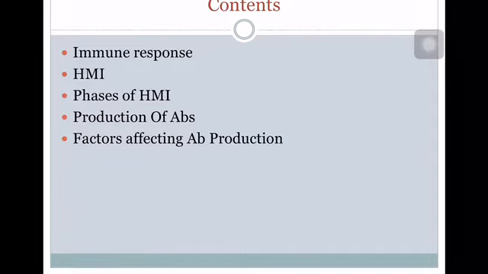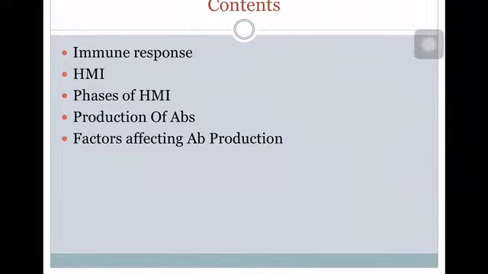The immune response also includes a state of tolerance. That means it is a specific non-reaction to an antigenic stimulus. When the antigenic stimulus is introduced, the immune system does not respond to that antigen. That is called immunological tolerance.